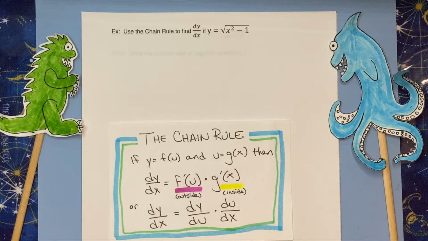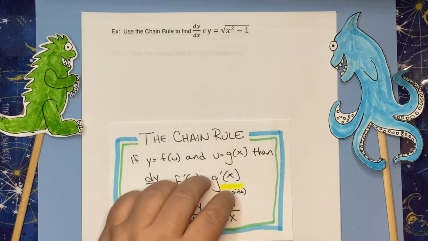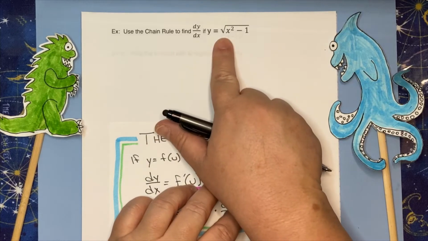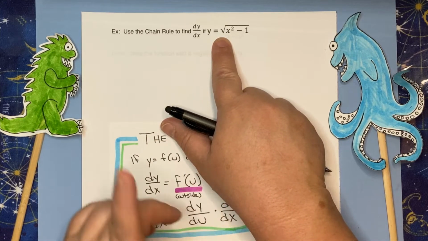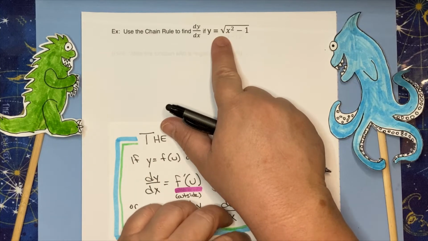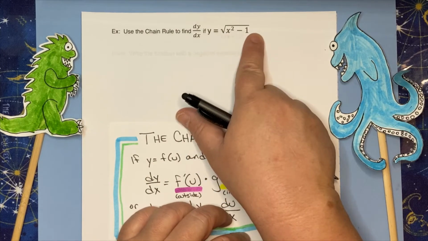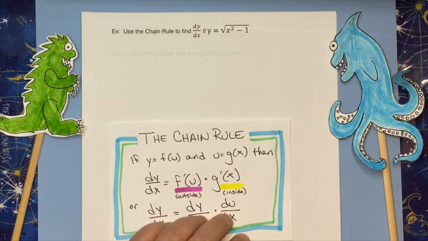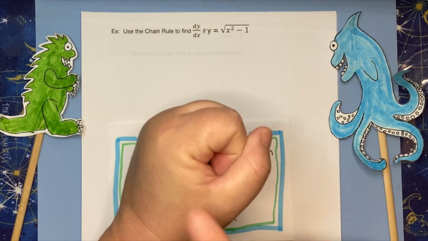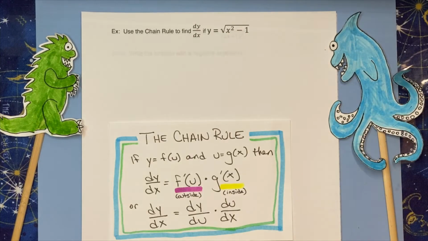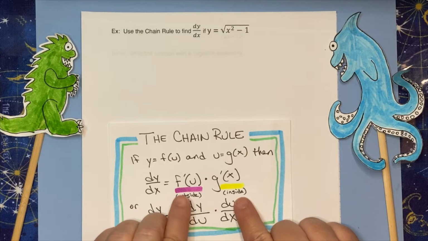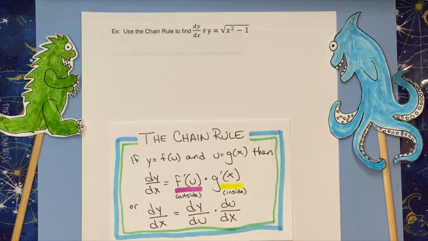When I look at this, I see 2 separate parts: there's a radical or a square root, and then, the key word, inside the square root is the function x squared minus 1. So I've got an inside piece, the x squared minus 1, and an outside piece, the radical or the square root. And that's key for using the chain rule.